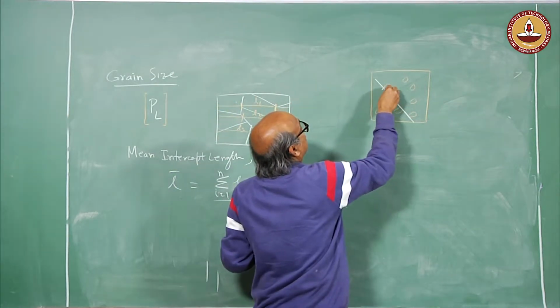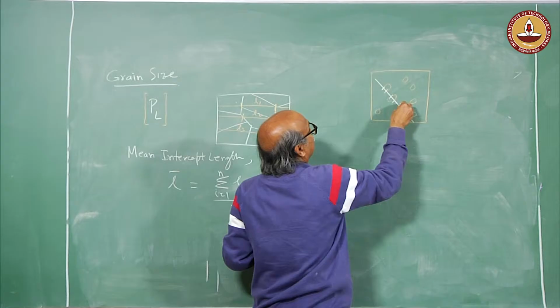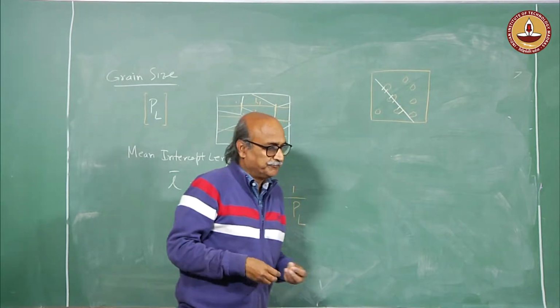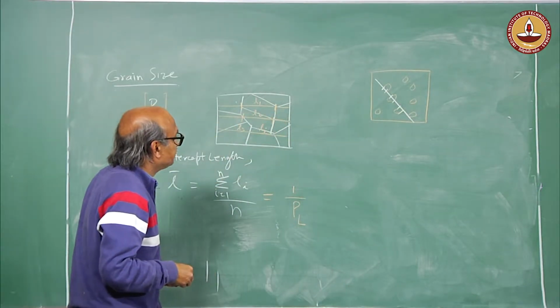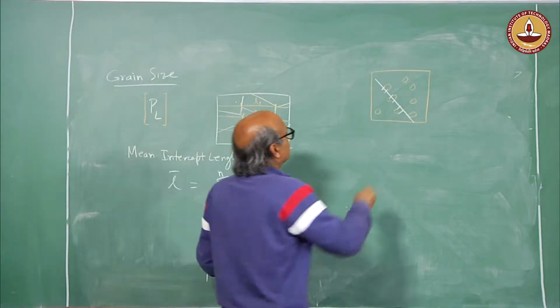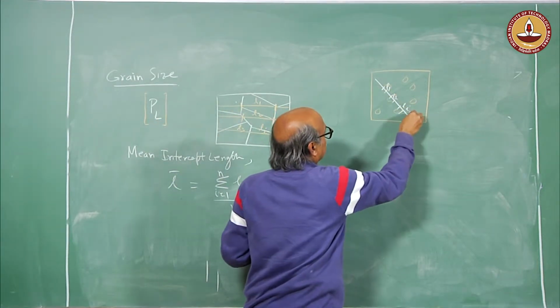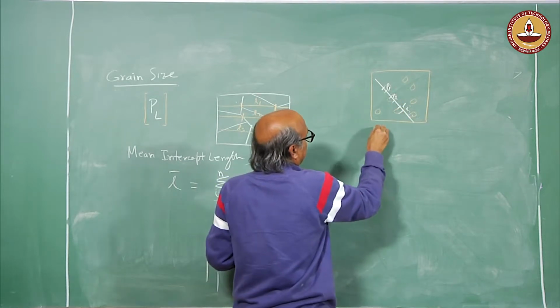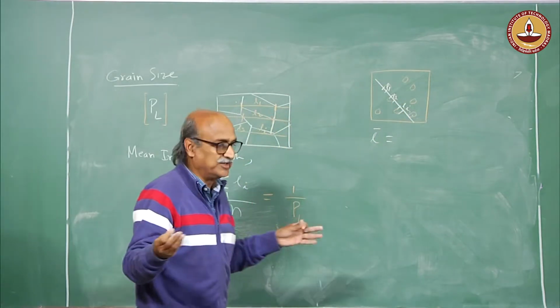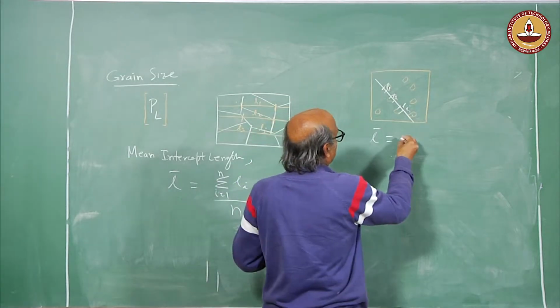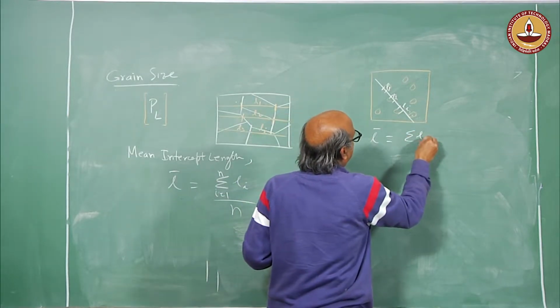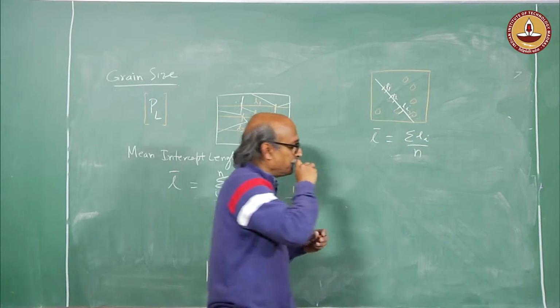I measure these lengths, again L1, L2, Li and so on, then I can get a measure of the size of these particles as mean intercept length, summation Li upon n.